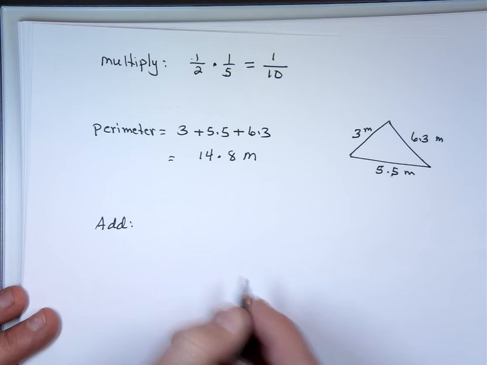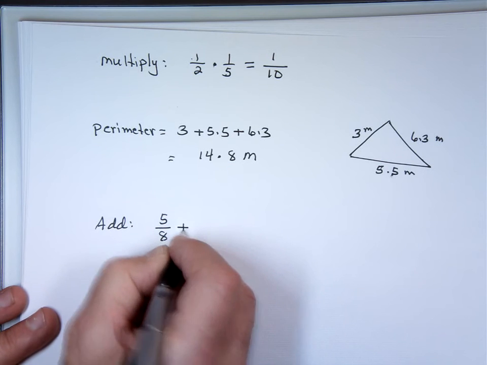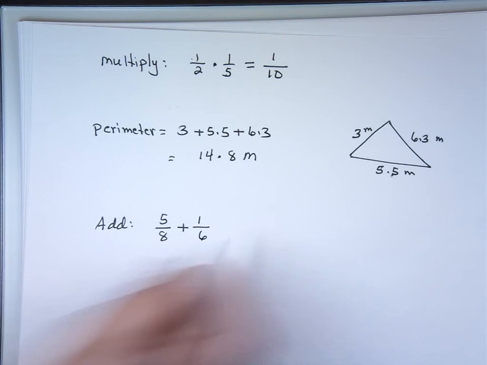I guess I did like fractions, addition, I keep going back to them. So what do we do here? To add, we need a common denominator. Do we have anything in mind? What's the LCD?